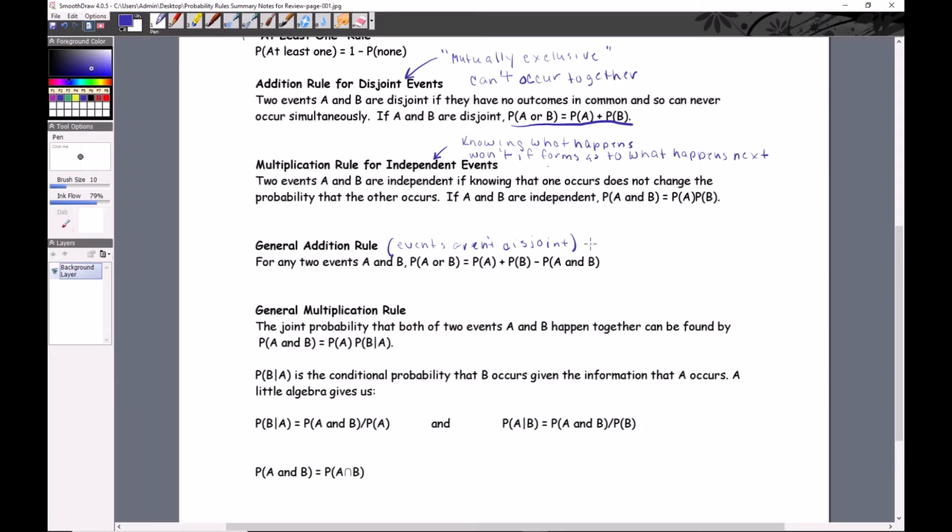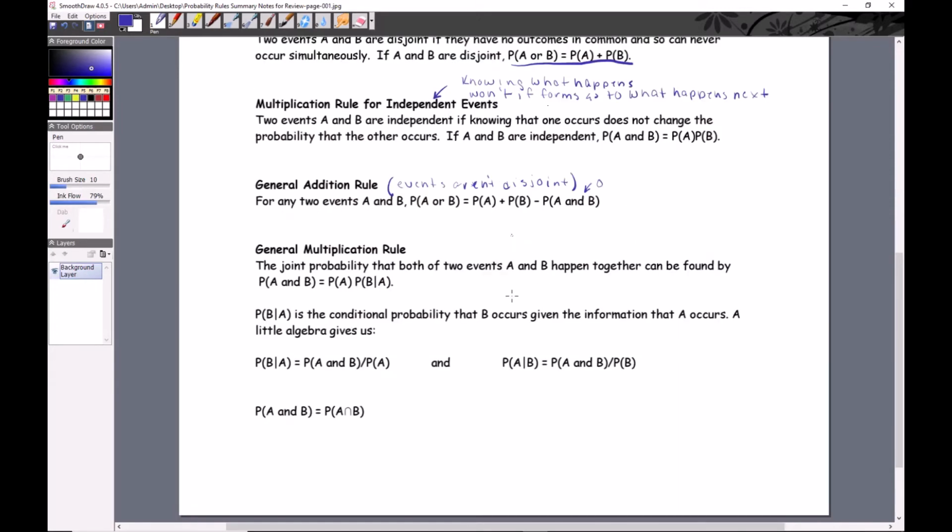It's just that when things are disjoint, that probability will be 0. All right. Then your general multiplication rule. Oh, by the way, for your addition rule, let's just put down to see the Venn diagram. And that's coming up.